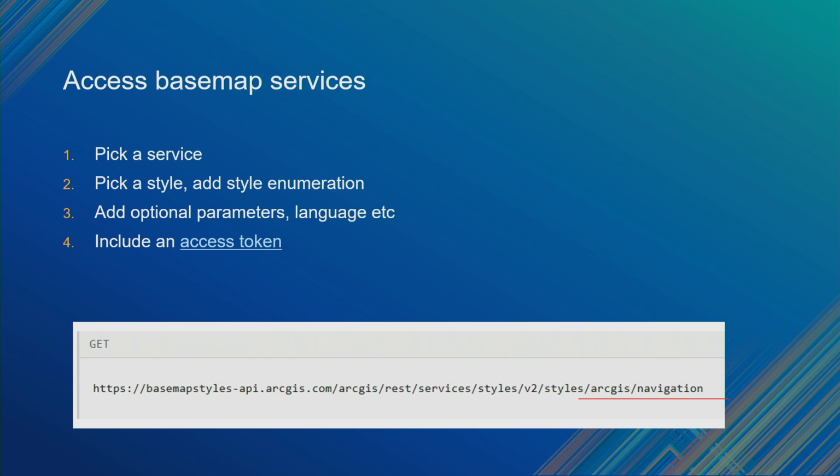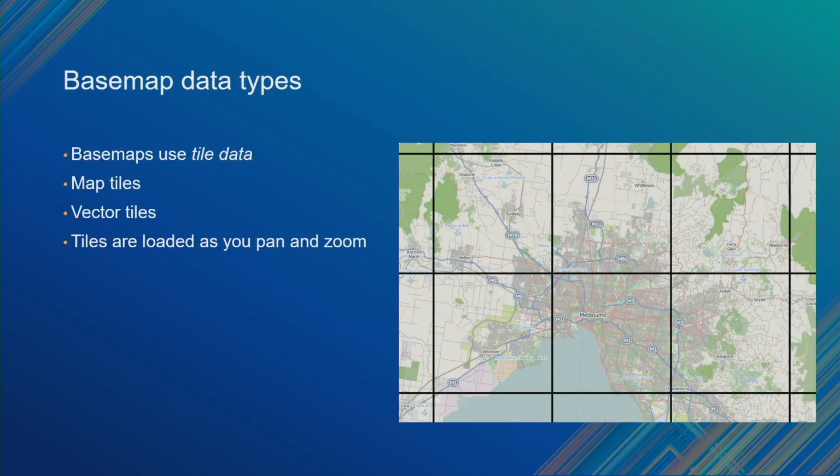Before we look in detail at the services, let's talk about how basemap tile data is actually served. What are you actually going to be getting back from the service when you make a request? Basemaps use what's called tiled data, and these are most commonly vector tiles nowadays, but map tiles used to be really common as well.